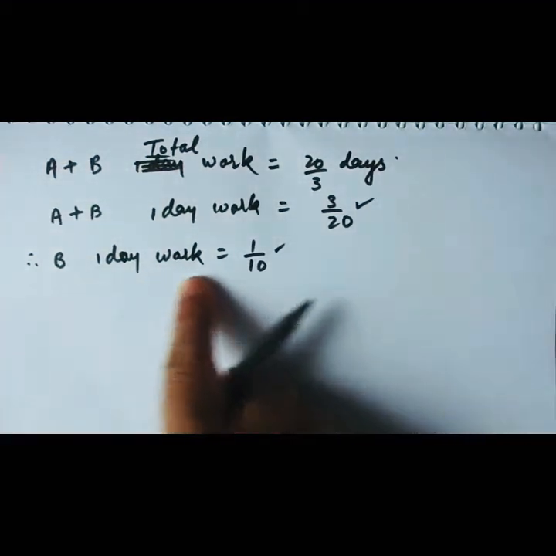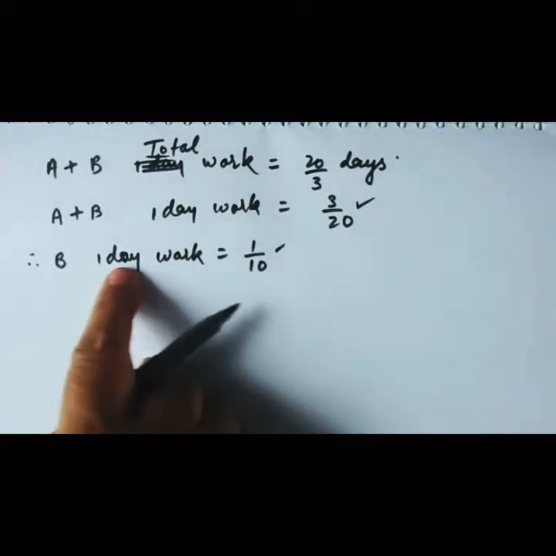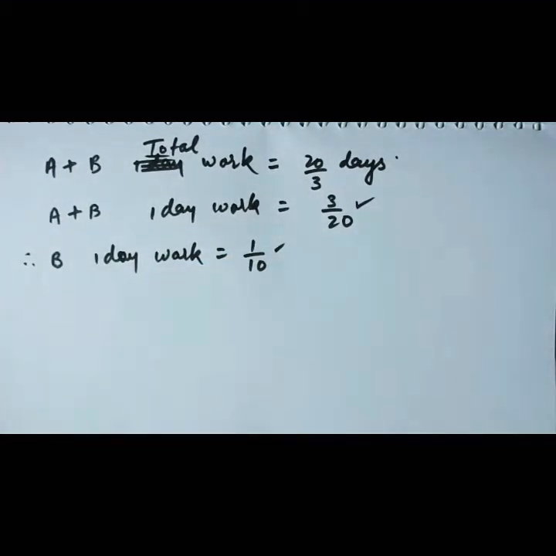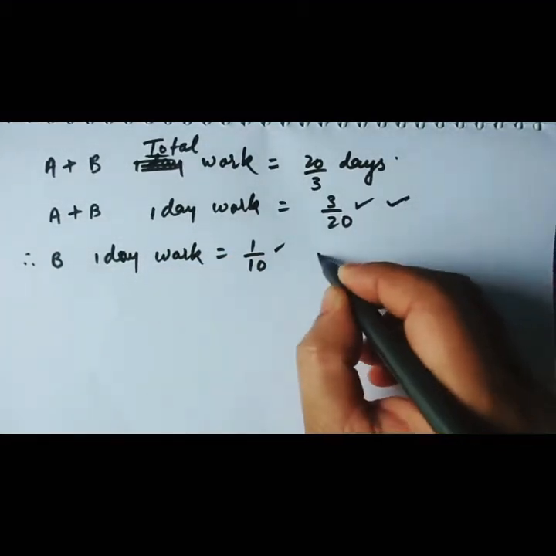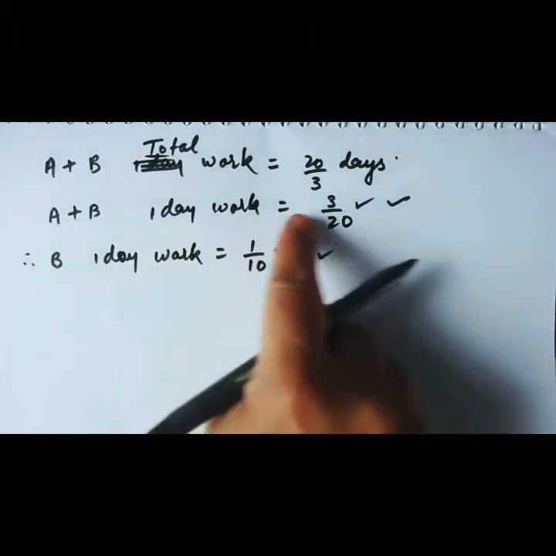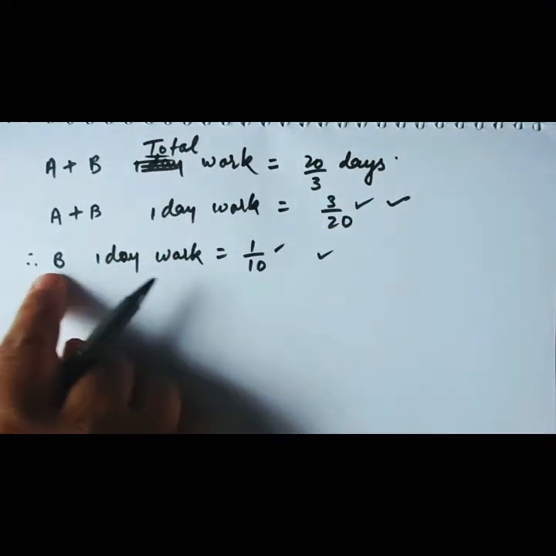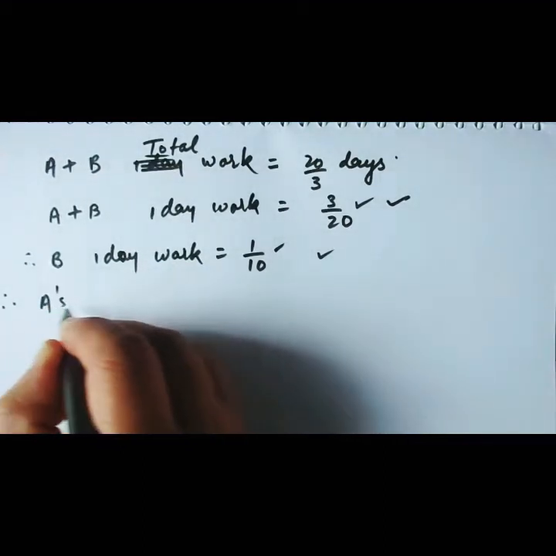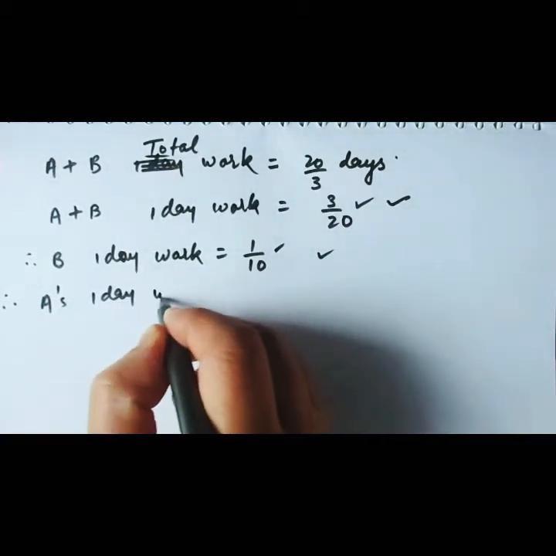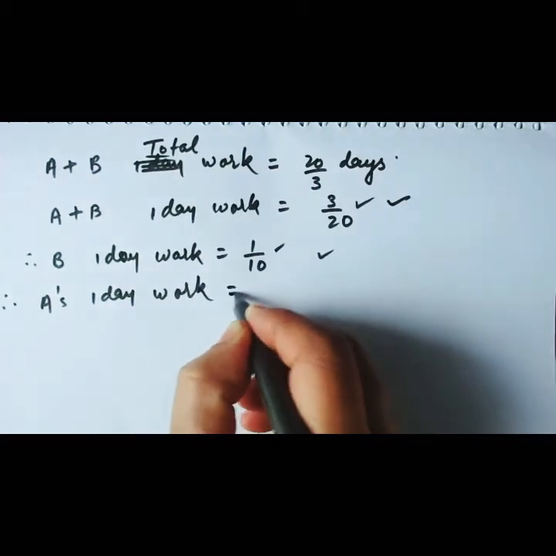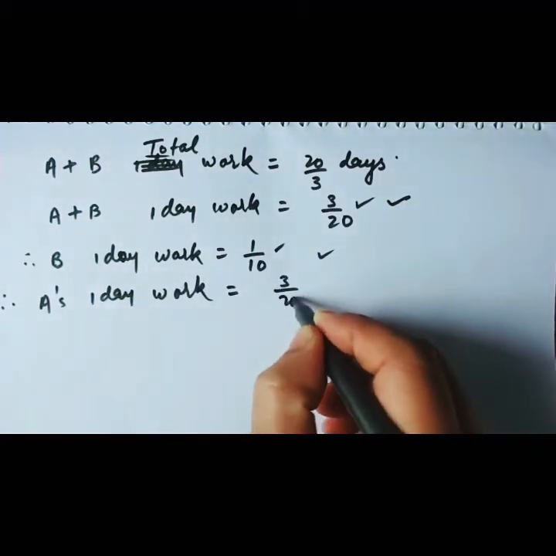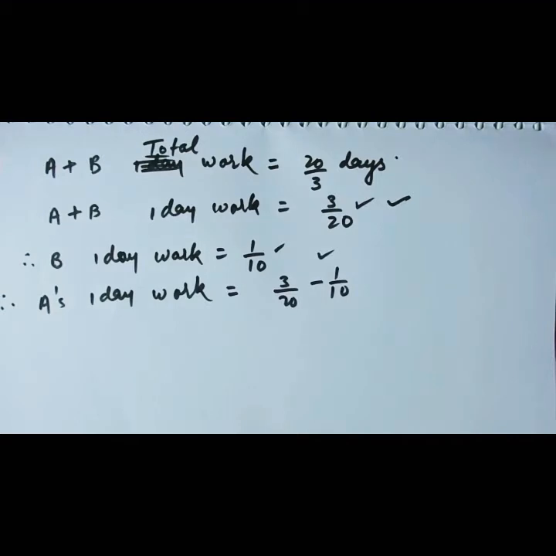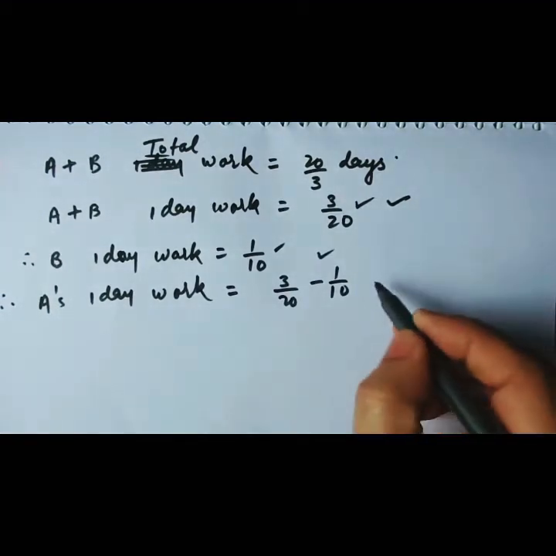Now refer to this one and this one. A plus B 1 day work is equal to 3 by 20 and B 1 day work is equal to 1 by 10. Therefore A's 1 day work will be equal to 3 by 20 minus 1 by 10.